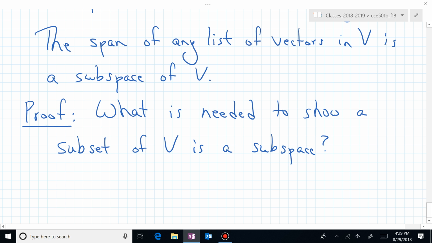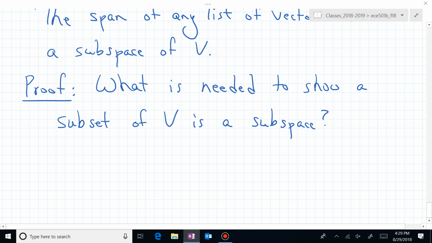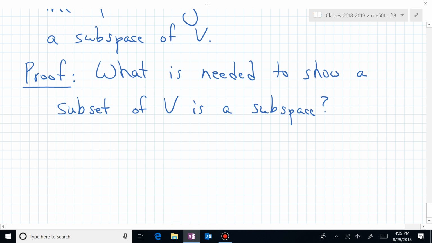If I have a vector space that's full of vectors, and now I pull from that vector space a list of vectors, that's really what I'm saying. How do I show that that subset, those vectors of V, form a subspace? How do we show something is a subspace? What did we talk about last time? I think we talked about it, didn't we?